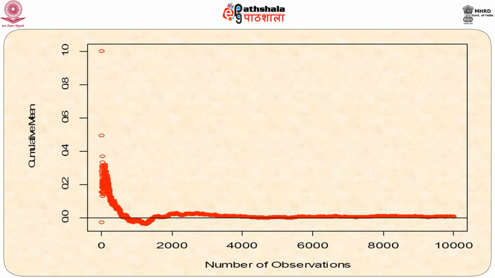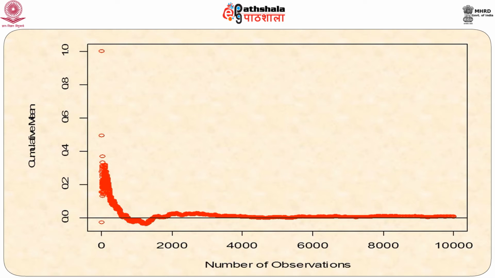With the increase in the number of simulations, the cumulative means tend to stabilize around the true value. Here this is 0, as we know, as we have started with 0. So, the picture is echoing the same thing that had been explained earlier by the law of large numbers.